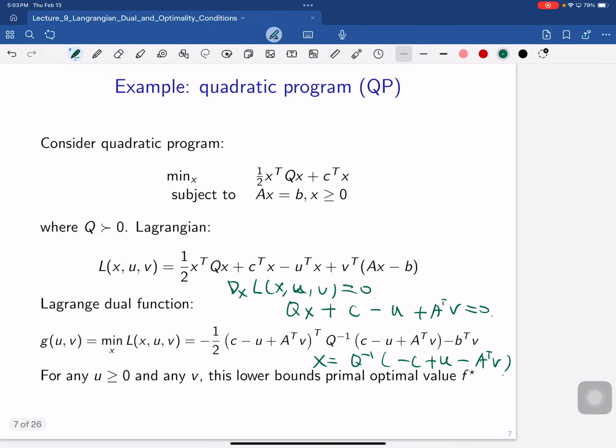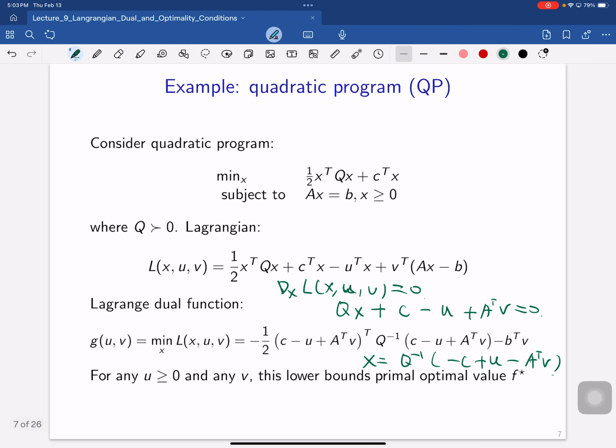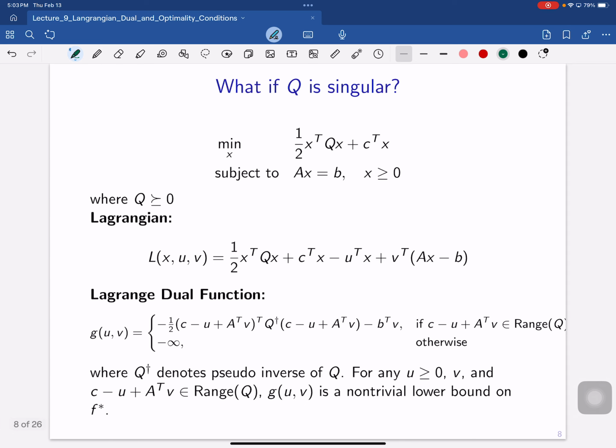Now, what if Q is not positive definite? Let's say if Q is singular, what will happen? This part is one of my favorite parts in this class. We will show you some results that use linear algebra, and also use Schur complement, and also use semi-definite programs.